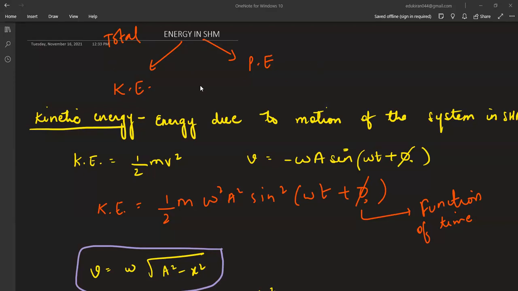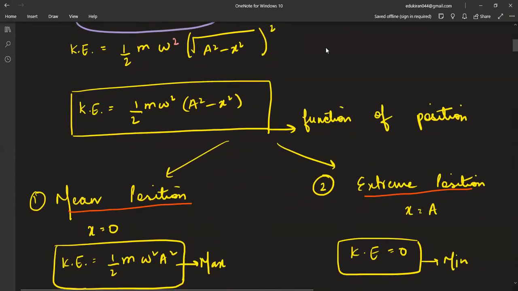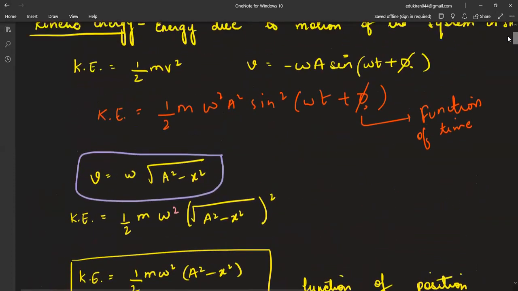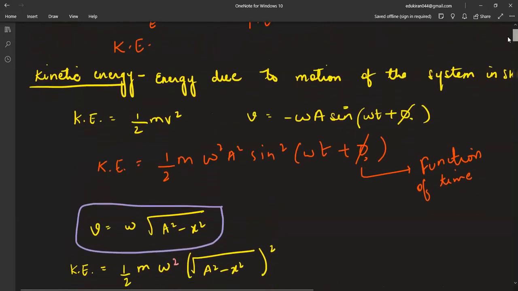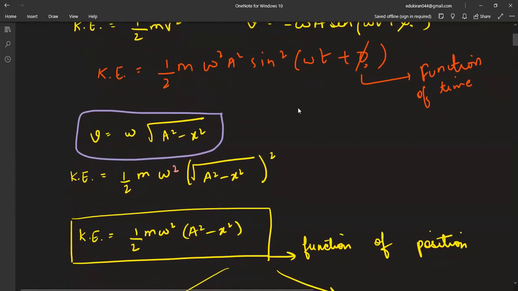Okay. Yes, in the last class, we started with kinetic energy. We had seen the formula both as a function of position and as a function of time. Kinetic energy as a function of time was half m omega square a square sine square omega t plus phi naught.